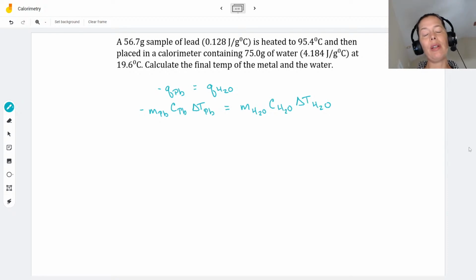Again, it's really important that we put all of the information with lead on the side with lead and water with water. It's so easy to get these things flip-flopped with all of these numbers floating around.